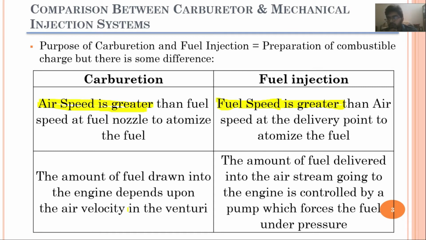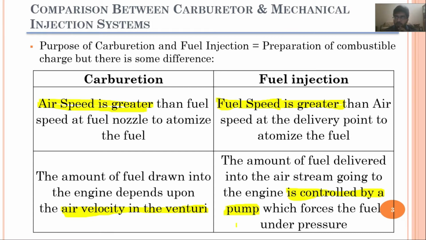So what is the second difference between the carburetors and the fuel injection system? The second difference is the amount of fuel. In carburetors, the amount of fuel is dependent upon the air velocity at the venturi throat, but in fuel injectors, the amount of fuel which has to be delivered into the cylinders, into the combustion chamber, is dependent on the fuel pumps.